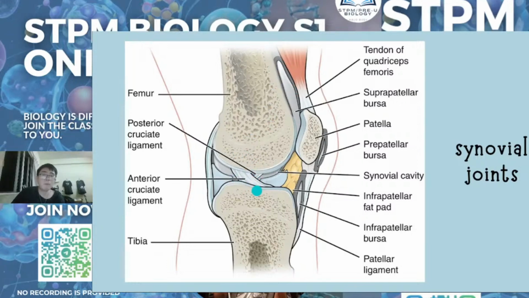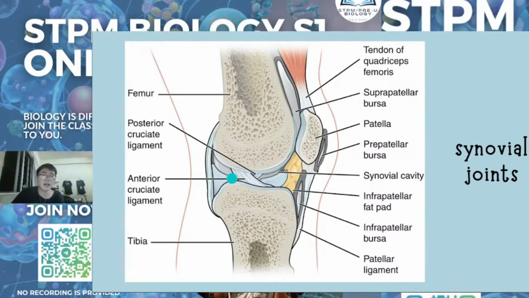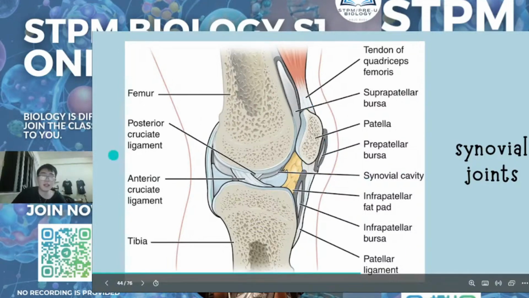Bone to bone, this is a joint, right? If you have a joint, there is one bone on top and one bone below. So the different bones join and connect to each other by the ligament. So this is just to show you the ligament and tendon. Okay, you don't need to read the rest, no need to memorize.